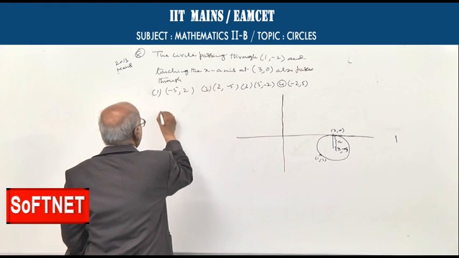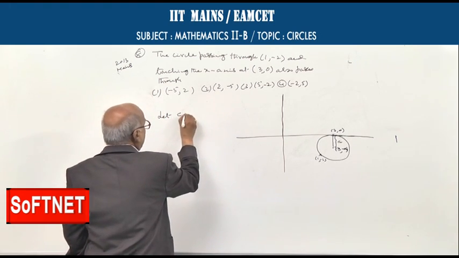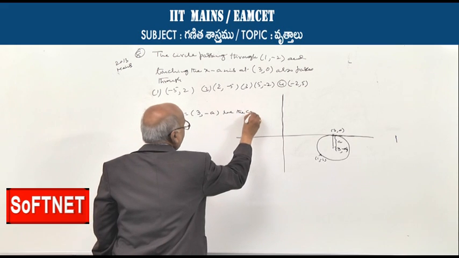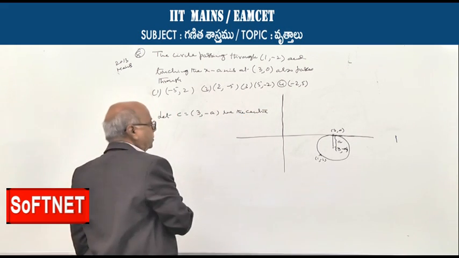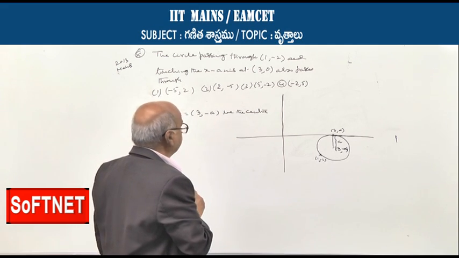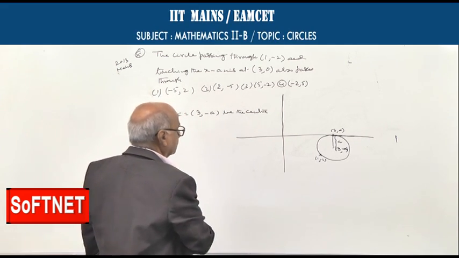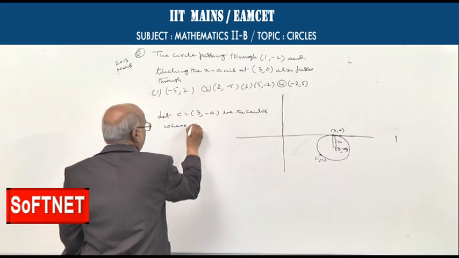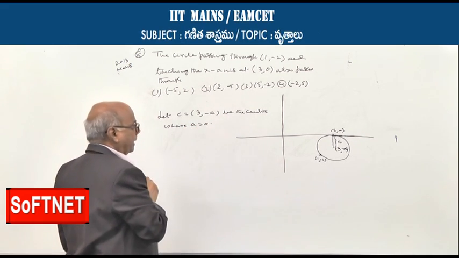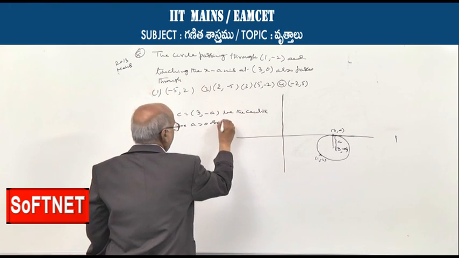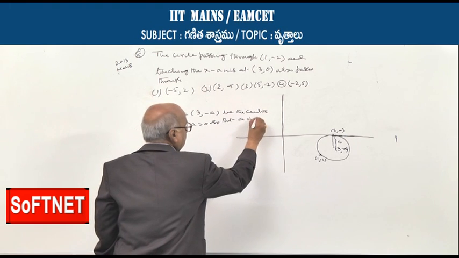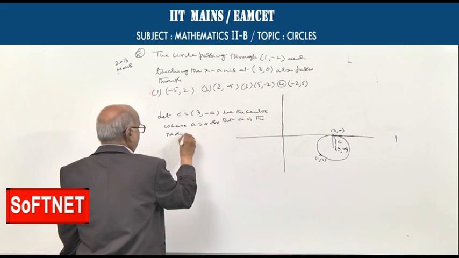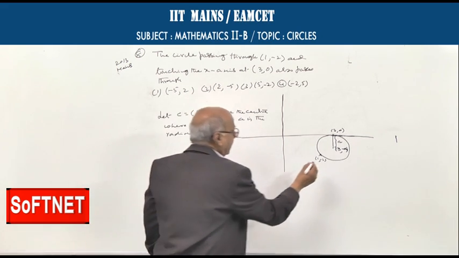Now you can write: let C is equal to 3 comma minus a be the center, where a is greater than 0, so that a is the radius.